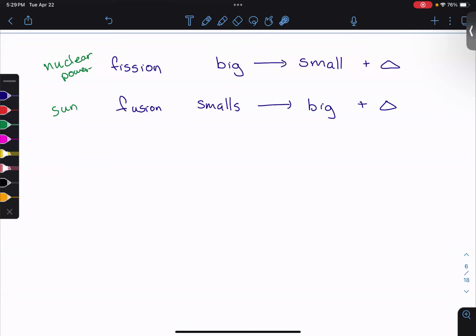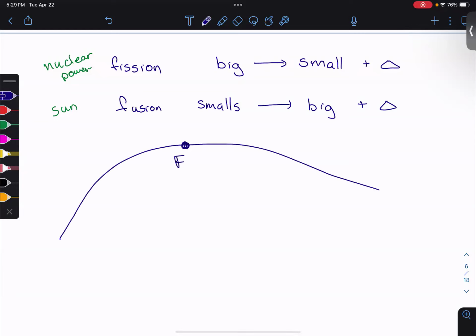So how you decide whether an element is going to participate in fusion or fission is by the mass defect of the nuclei. There's a graph in the textbook that looks kind of like this. The big takeaway is that at the apex of the graph, we have iron. Iron is the most stable nuclei. That's why stars that are dying or running out of fuel have iron cores. Maybe it's why our Earth has an iron core, because iron is very, very stable.